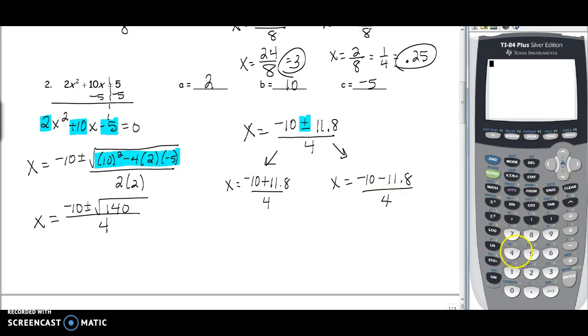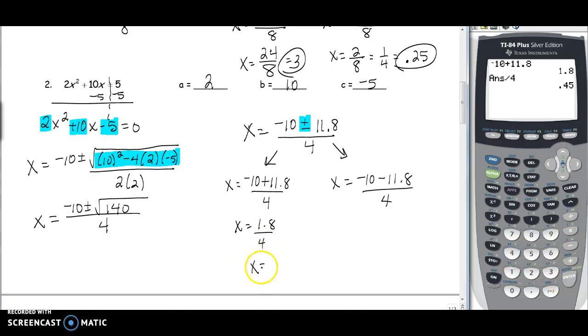So negative 10 plus 11.8 equals 1.8, divided by 4. Since we already have decimals, let's continue to divide by 4. And we would say x equals 0.45.